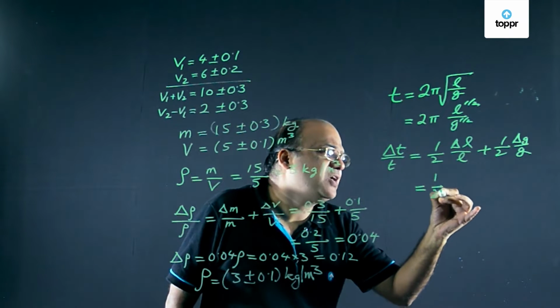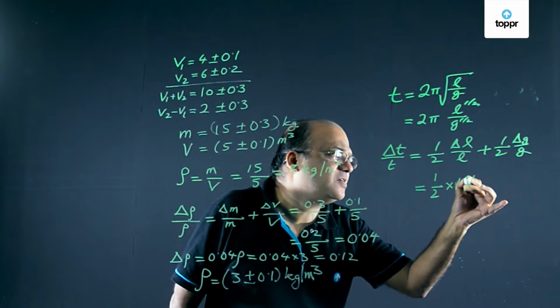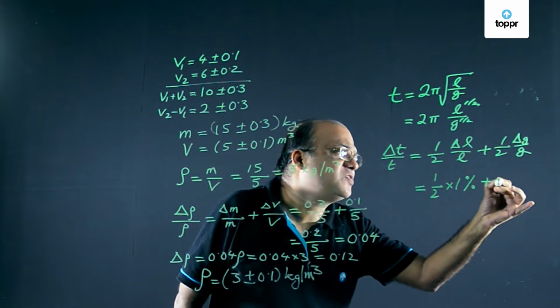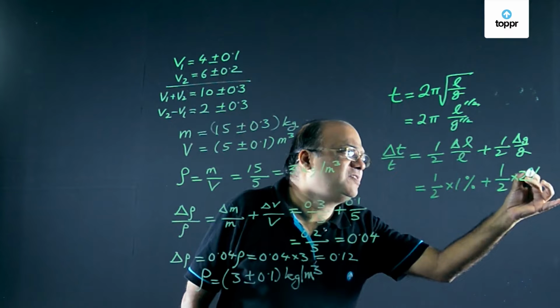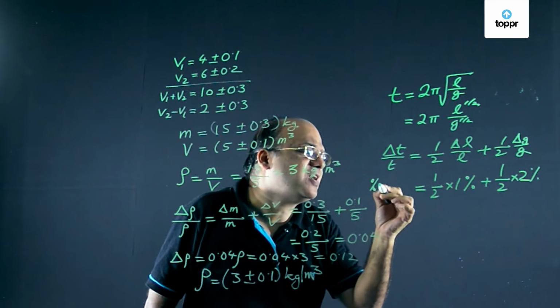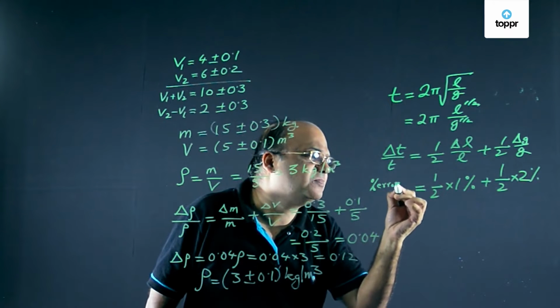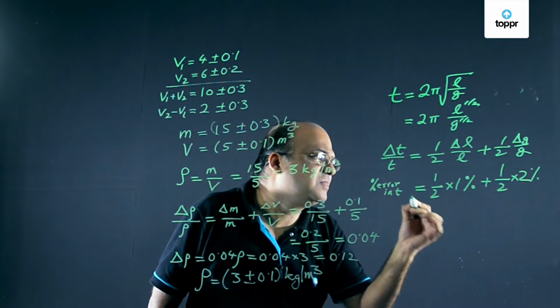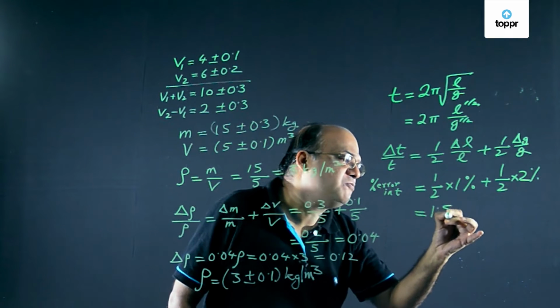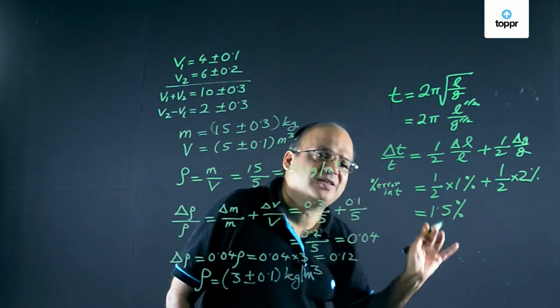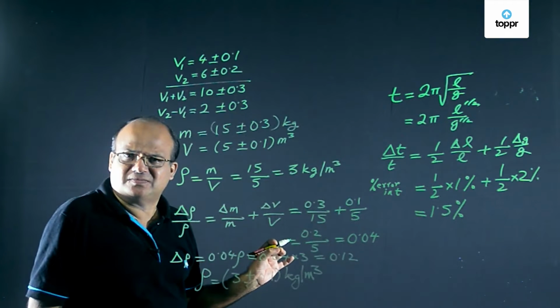So half into 1%. The error in G was 2%. This gives us the percentage error in T. Therefore, 0.5 plus 1, 1.5% is the error in time period.